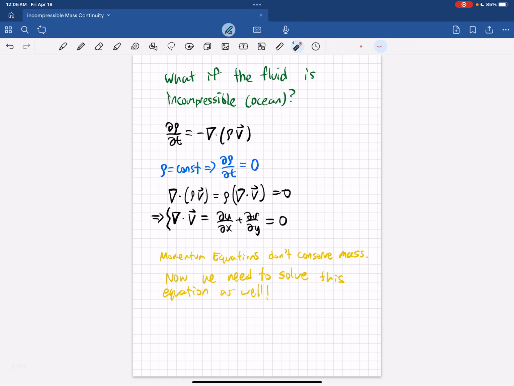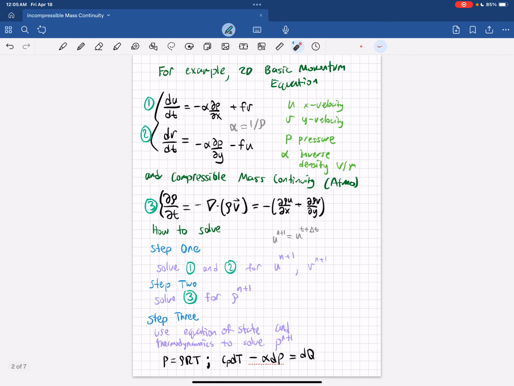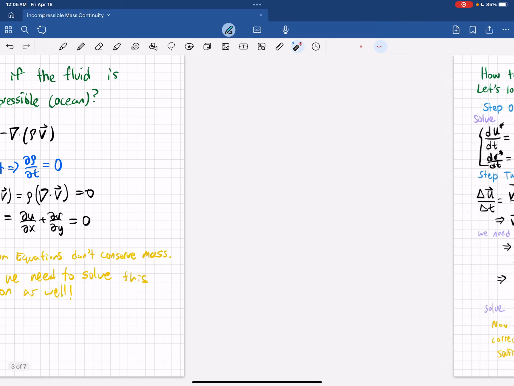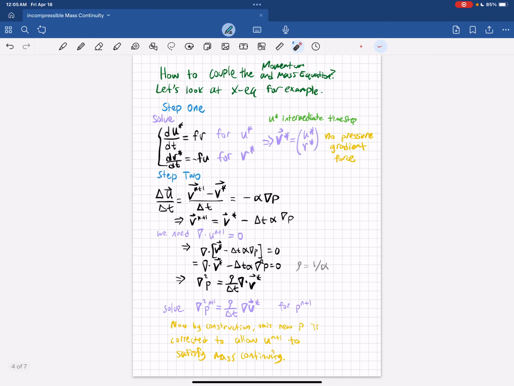But now we need a way to force it to be incompressible by enforcing this. And this equation is du/dx plus dv/dy equals 0. We solve for u here, then what does solving for u do for us here? How do we figure out which is the correct u? We need to couple this directly into the equation, and as you can probably tell, that's pretty tricky. So how are we going to do this?